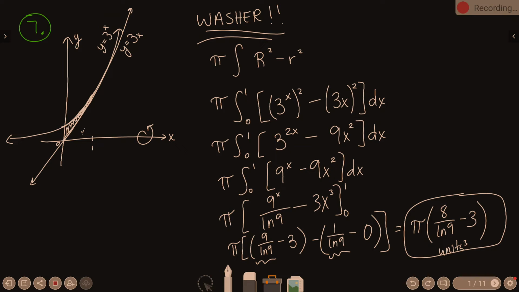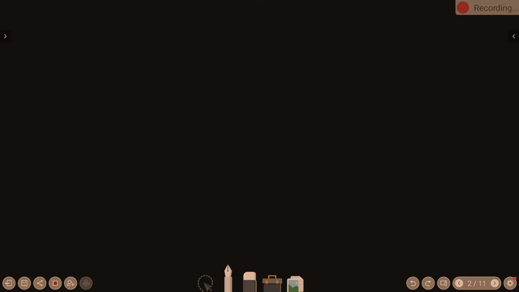Okay, next. Numero uno, C. A particle moves along the x-axis, so its position at any time is given by the function x of t equals 7t minus 2t squared.